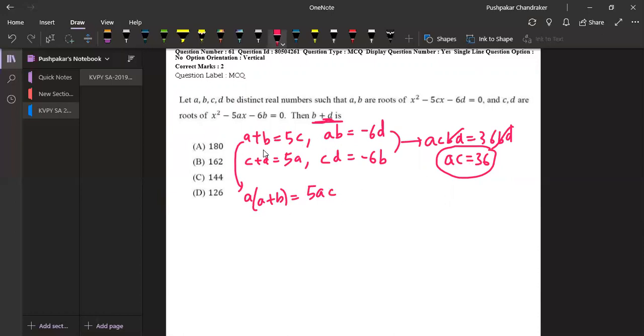If you multiply the other equation by C, you get C times C plus D equals 5AC. Simplify this. So you get A square plus AB equals 5 times 32.